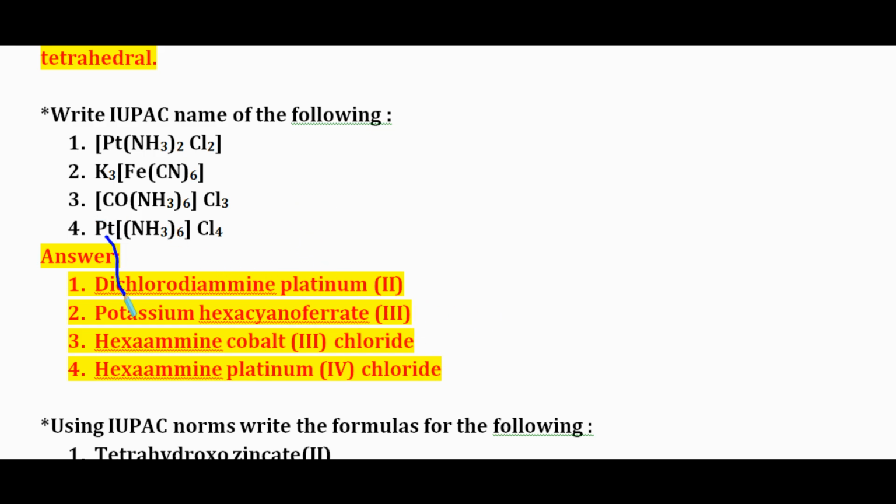Now platinum, this is platinum. First of all this is hexa, then amine, then platinum and then chloride, and the oxidation number is 4 because Cl has 1 minus, there are 4 minuses which are completed by platinum, so its oxidation number is 4.